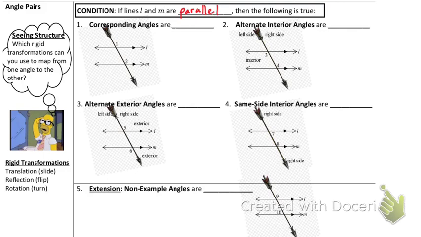In number 1, we have a relationship called corresponding angles. Angle 1 and angle 2 are corresponding. Here's my transversal. Here's my parallel lines. What's special about corresponding angles is that if these lines are parallel, then corresponding angles are congruent, which means they have the same measure.